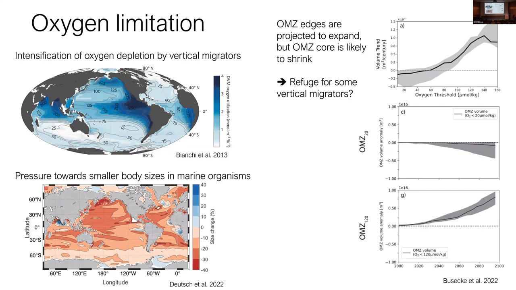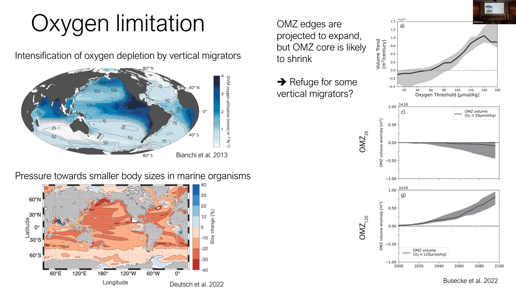But when you start to break it down under different thresholds, what they showed is that the core of the OMZ, at oxygen levels about 60 micromolar and below, may actually not expand. So this may actually result in some refuge for vertical migrators. And I'm not getting into fish at all in this, but the fish story complicates this a little bit more.